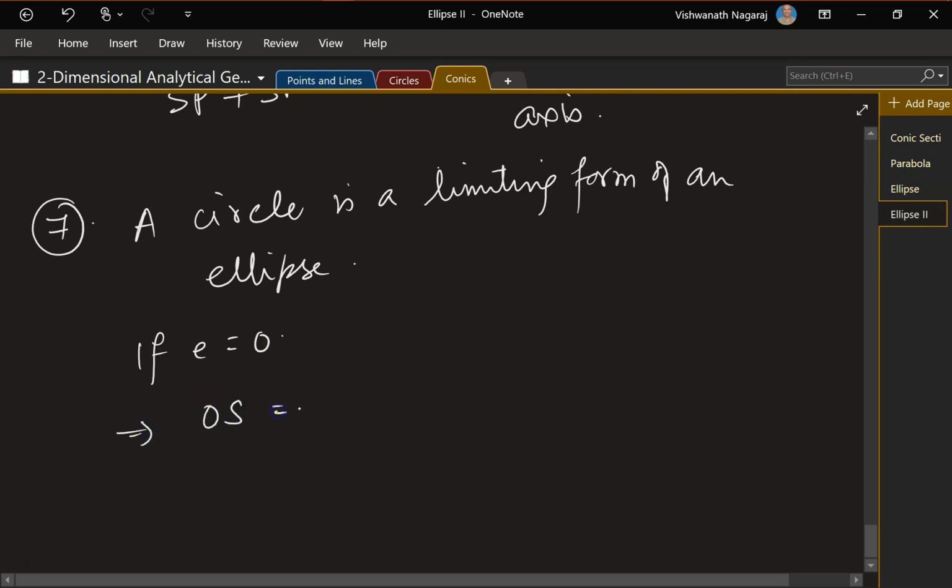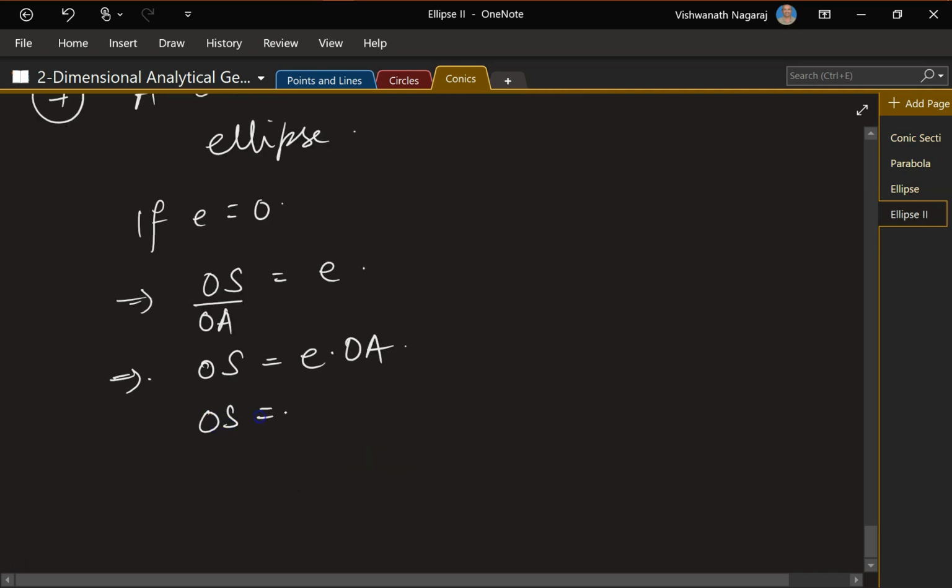OS by OA is equal to E, which means OS equal to E OA. So which means OS is equal to 0. Similarly, OS dash is equal to E dot OA dash.